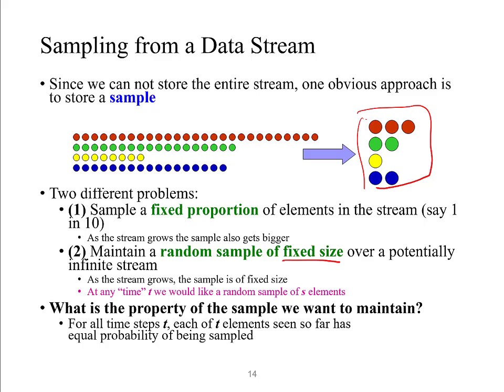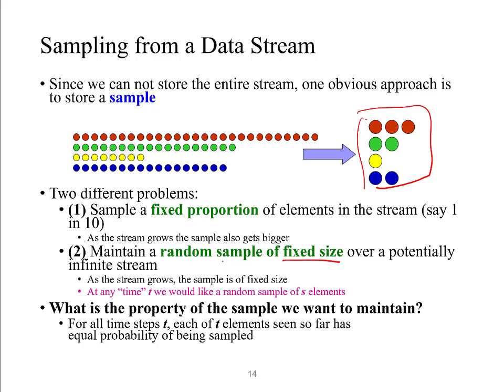No matter whether we use a fixed portion sample or a random sample of fixed size, we always want all the elements that have appeared in this data stream to have equal probability to be sampled.